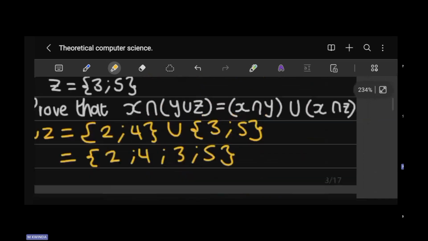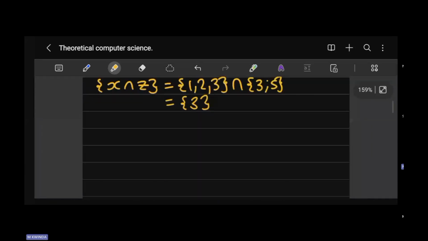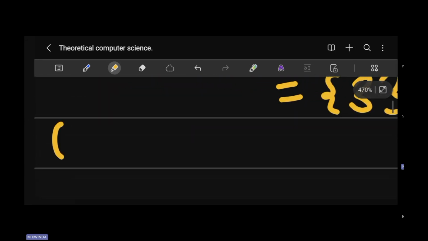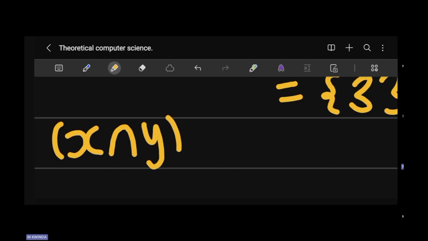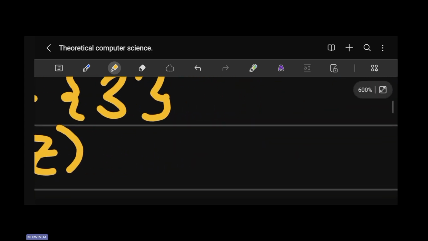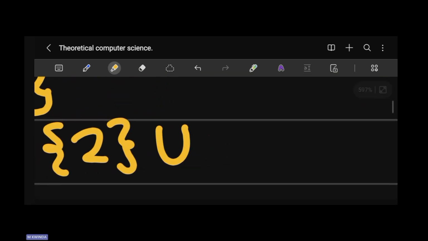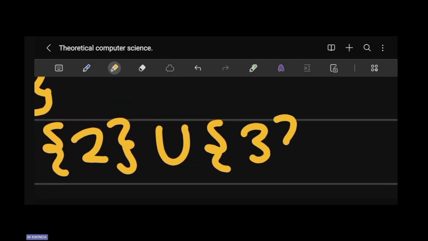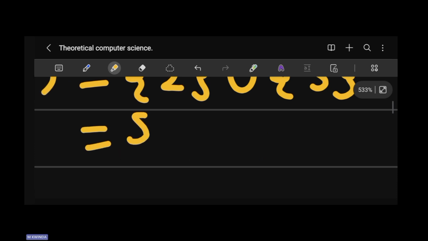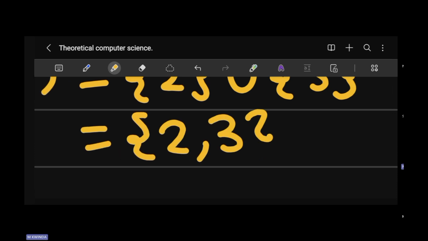And now this says to us we should do the union of both. So we have now x and y union x and z. This is the same as the 2 that we found and the 3 that we just found. And the union of those both would be the 2 and 3. Right?